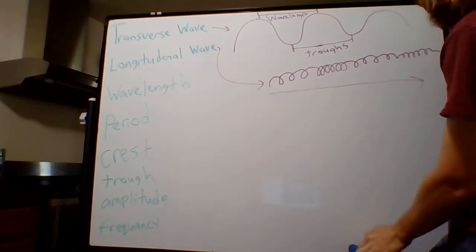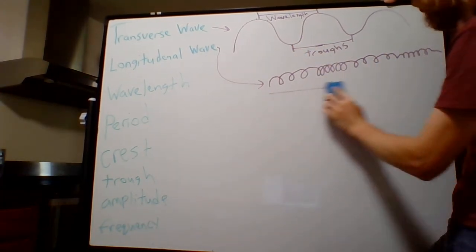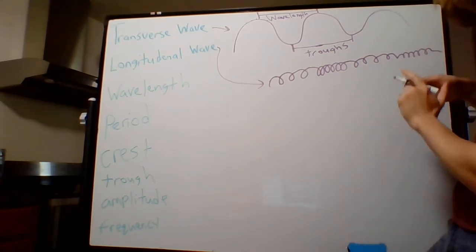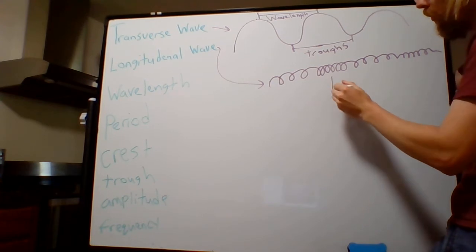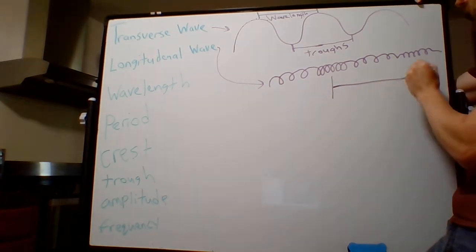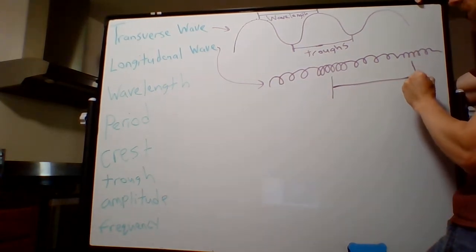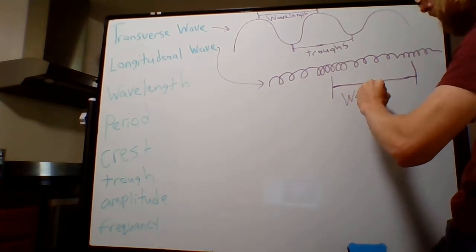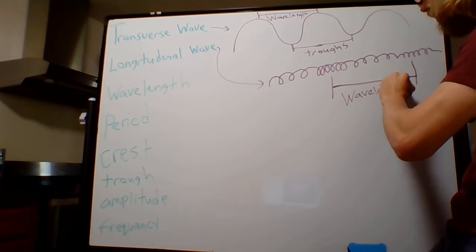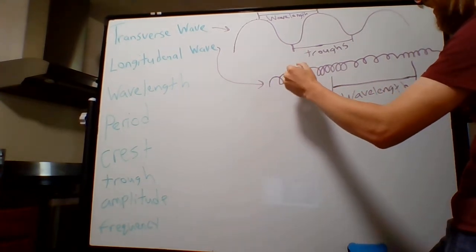The wavelength on a longitudinal wave is a little different. It can be the distance between the two compressions. Those are the two identical parts of a longitudinal wave. So this could be the wavelength. Or this could be the wavelength, the expansions.